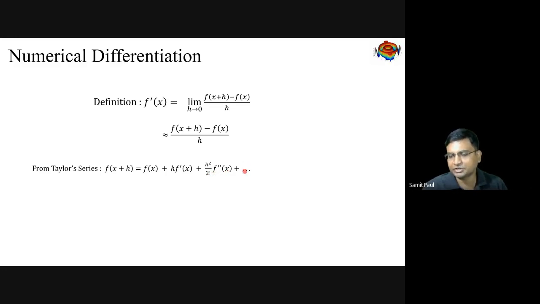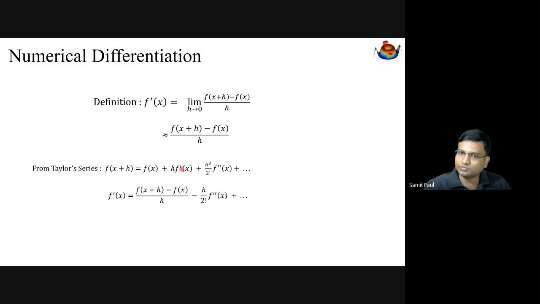The next term will be h cube by factorial 3 multiplied by the triple derivative of x. If we rewrite this expression, keeping this term on the left hand side and taking all the other terms on the right hand side, we get: f of x plus h minus f of x divided by h, and here we will have h divided by factorial 2 times f double prime of x, and the other terms.